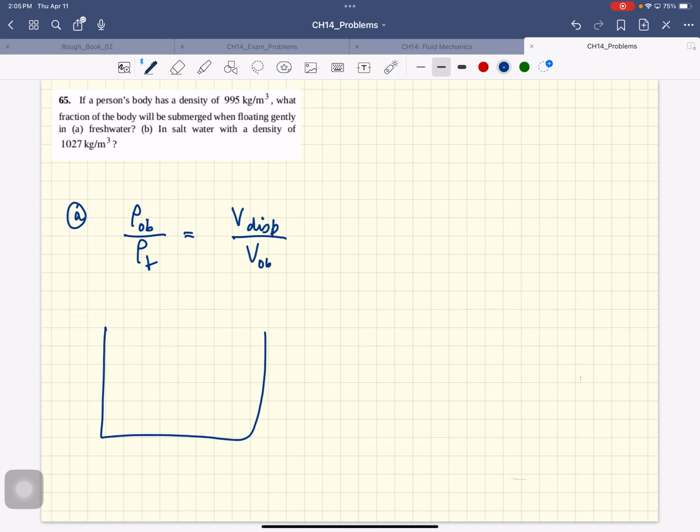Okay, again, this is the volume displaced, and that's the volume of the object.